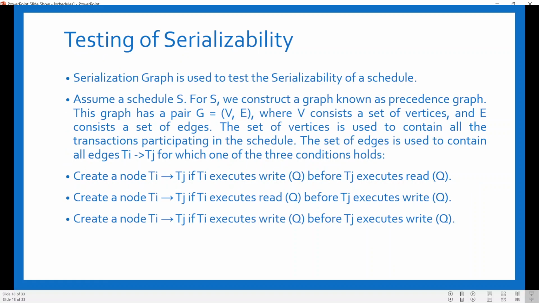So for testing, suppose you have a schedule S. We construct a graph called the precedence graph, which is a pair (V, E), where V is the set of vertices and E is the set of edges. The set of vertices contains all the transactions participating in the schedule, so we will have as many vertices as there are transactions in the schedule.